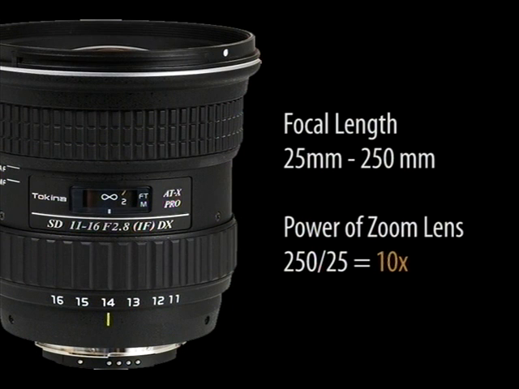For example, a lens of 25 millimeter to 250 millimeter is 10x. That means it gives you a magnification up to 10 times at the maximum focal length, and at the minimum focal length it is 10 times less than the maximum.